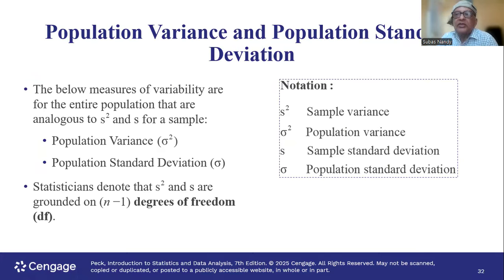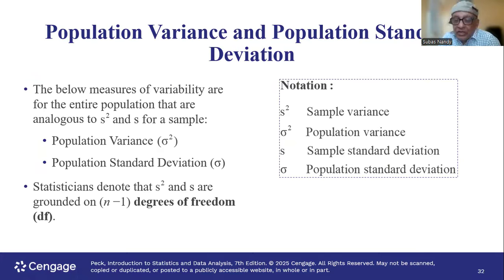These are the notations. Always remember, when we are dealing with population, we replace the English letters in the symbols by Greek letters, such as Greek sigma square gives you the population variance. And square root of sigma square, sigma, is the population standard deviation.